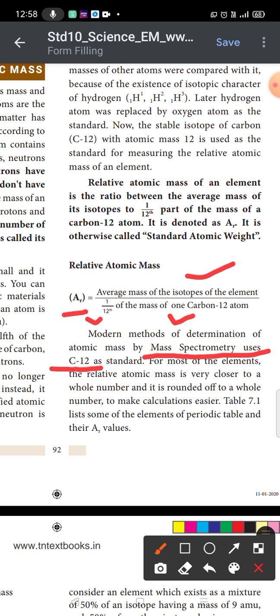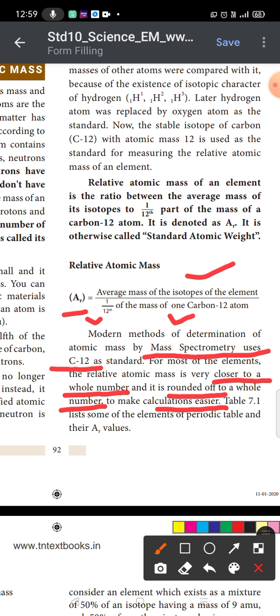For most of the elements, the relative atomic mass is very close to a whole number, and it is rounded off to a whole number to make calculations easier.